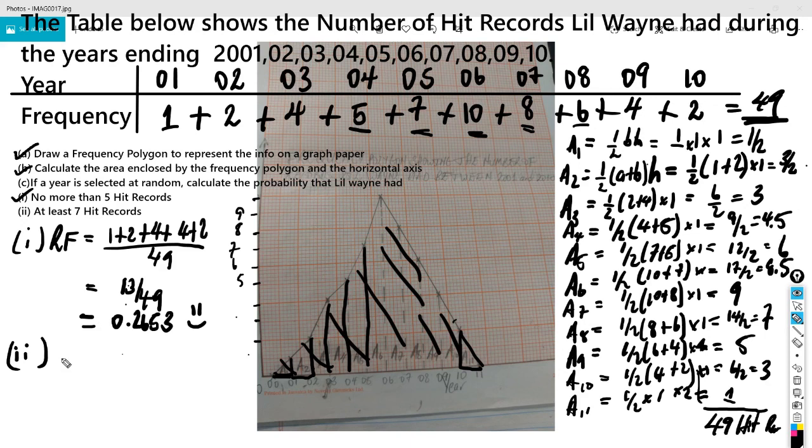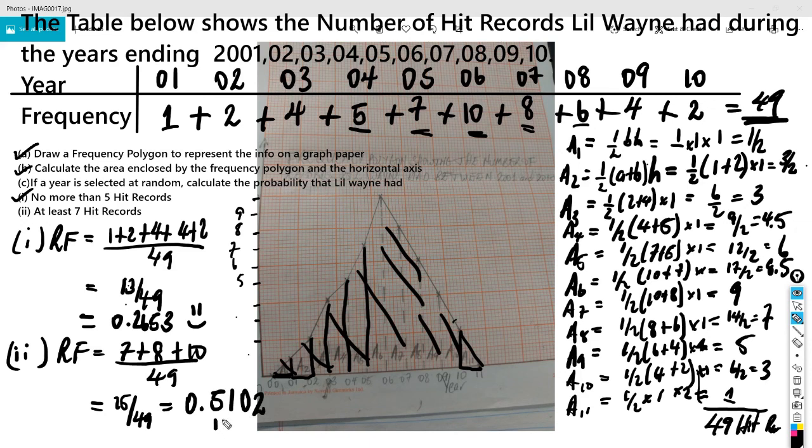So in this case, the relative frequency for those is 7 plus 8 plus 10 all over 49, which would actually be equal to 25 over 49, which is equal to 0.5102. All right, guys. Okay, so that's the answer for that one for the probability.